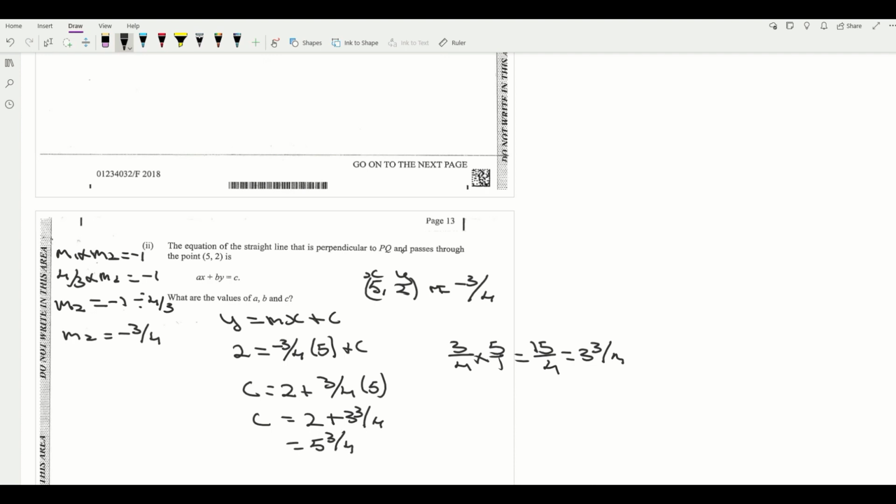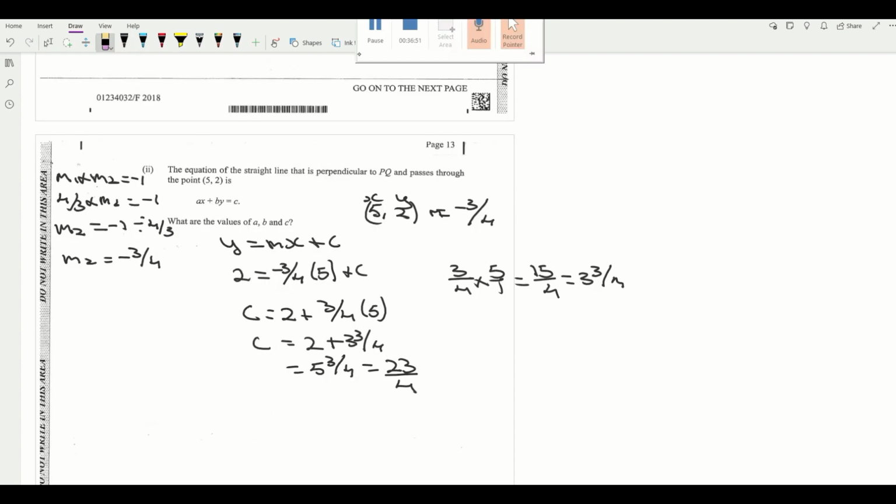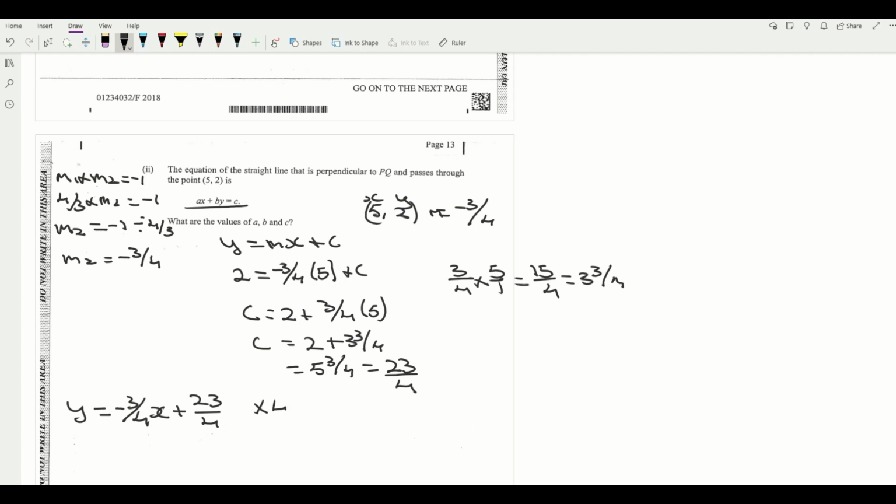Right. So now let's just put it back. We know y would be equal to negative 3 over 4 x plus 23 over 4. Now we want it in this form here. We don't want a fraction, so what I would do is multiply this entire thing by 4.